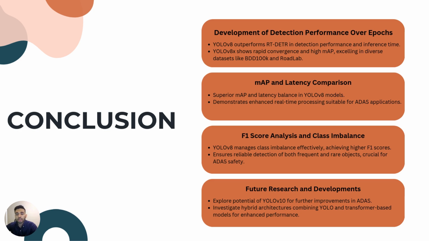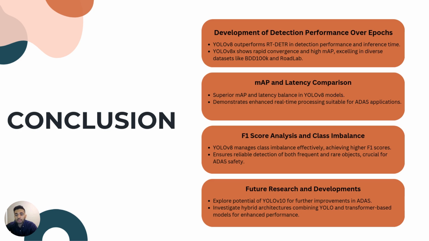To conclude, this paper analyzed YOLOv8 and RT-DETR models for real-time ADAS object detection across 5 datasets, and YOLOv8 consistently outperformed RT-DETR in detection accuracy and inference time, with YOLOv8X specifically showing faster convergence and higher mAP values and adapting well across diverse datasets like BDD 100K and RoadLab.